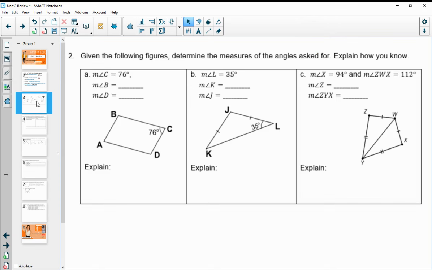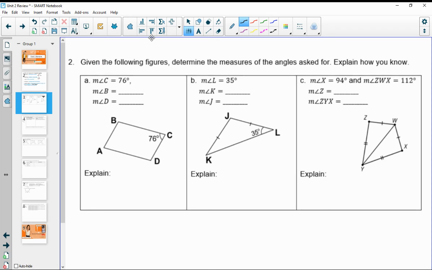All right, number 2 says, given the following figures, determine the measures of the angles that are asked for and explain how you know. We're given that this one is 76, and it should probably tell us that this is a parallelogram.